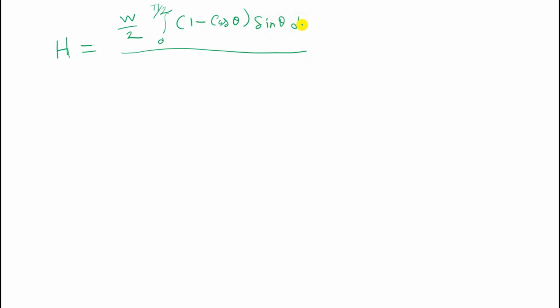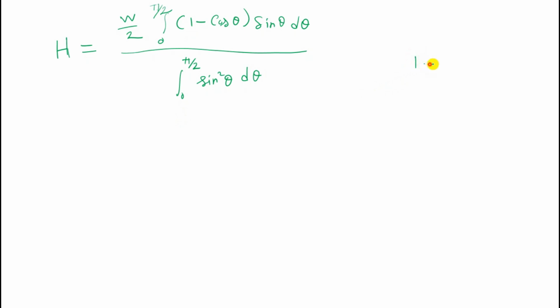So H equals w by 2, integration from 0 to pi by 2 of 1 minus cos theta into sin theta d theta, divided by integration from 0 to pi by 2 of sin square theta d theta.